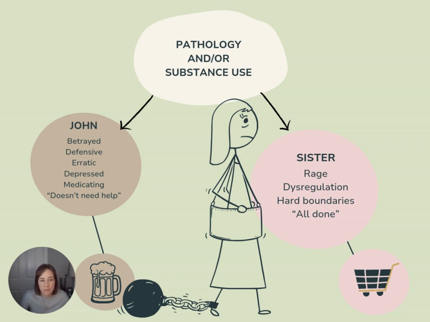So, in my family system, my sibling was the one who struggled with substance use disorder. And what that looked like was we were both under the umbrella of having active pathology and substance use, meaning John was suffering from medicating, drinking, using substances, in active denial, was very erratic, inconsistent, difficult to be in relationship with.